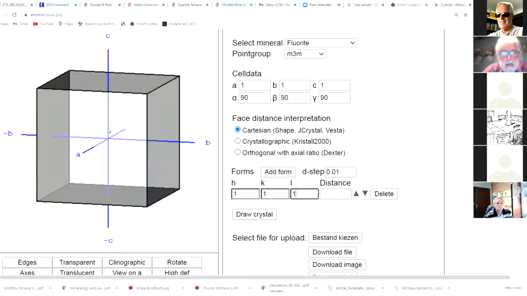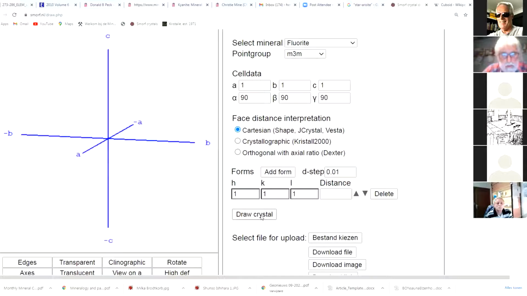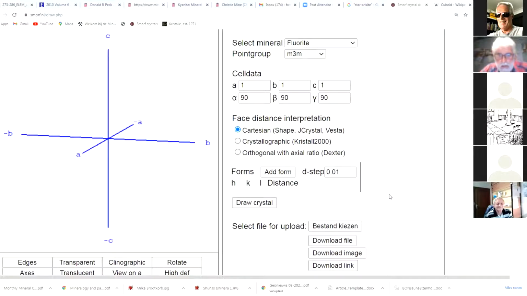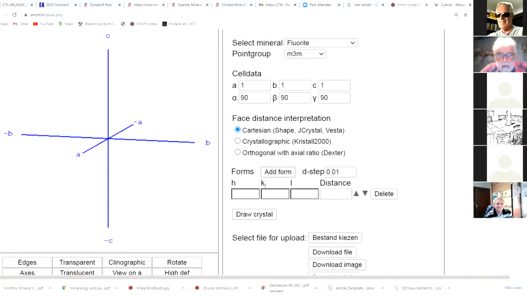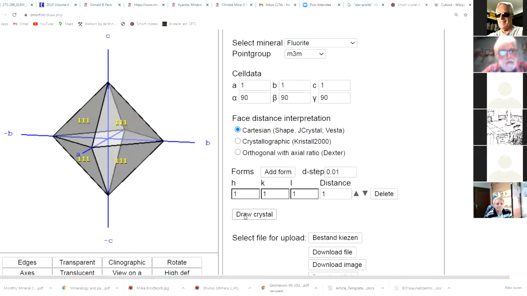Okay. So if you click on draw crystal, okay, that's funny. Well, let me. I probably didn't put the distance. There you go. Okay. So now you get both the indices.